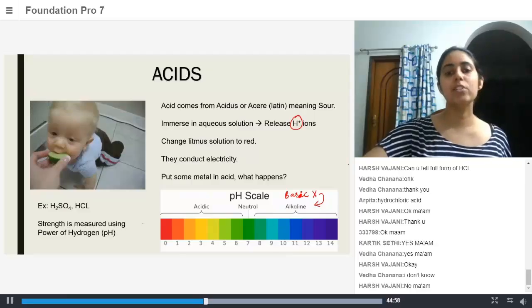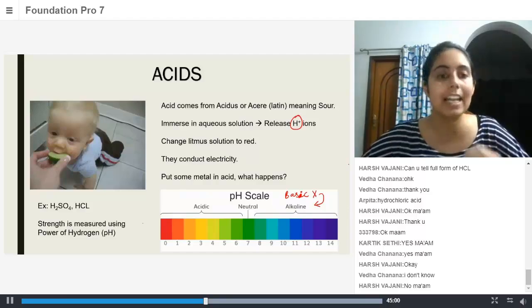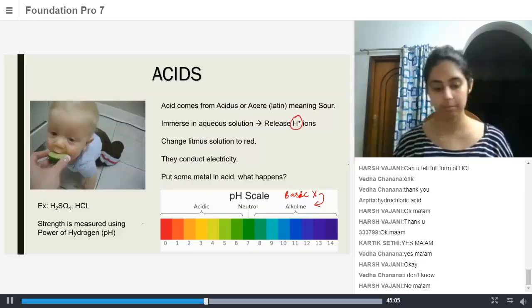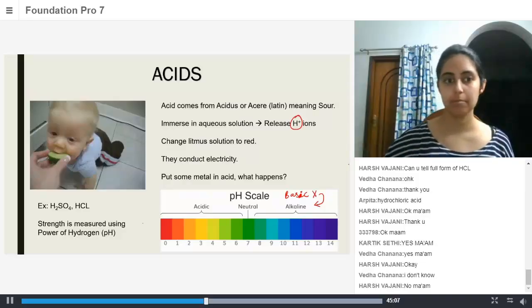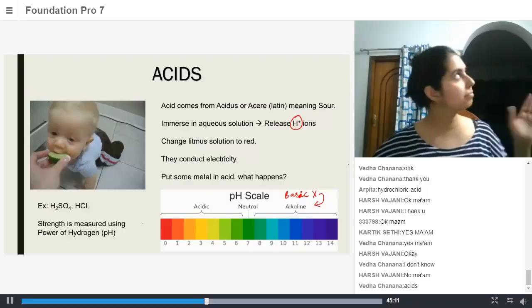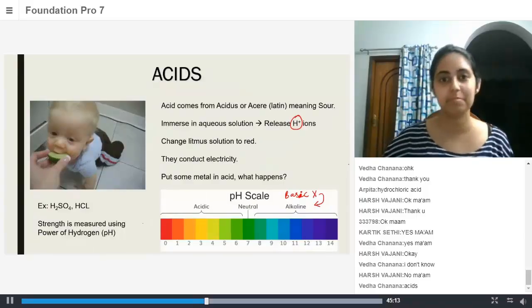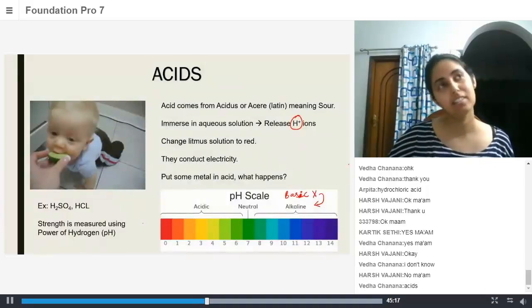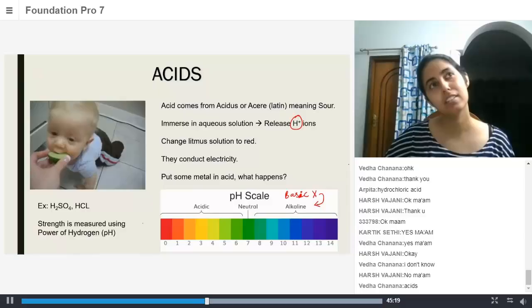Okay. So do you guys know, in order for electricity to be conducted, what is required? Water. Is there water in dams when they use hydroelectricity?